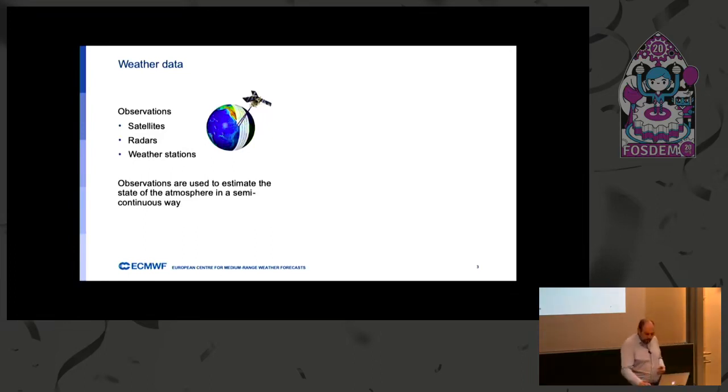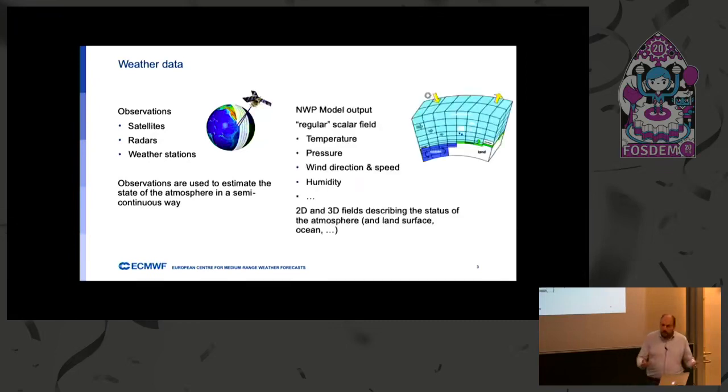Then, from that interpolation, we start our numerical models that are coupled models, so we have an ocean model, a sea ice model, a land model, and an atmosphere one. Obviously, we are more interested in the atmosphere. This model is producing a simulated set of variables for each cell of our grid.